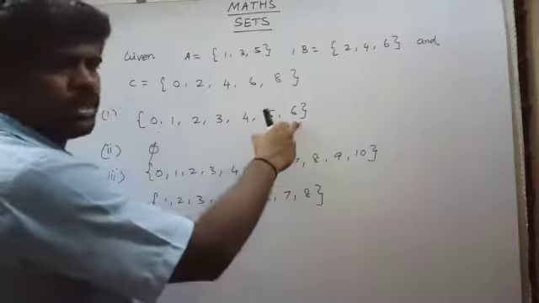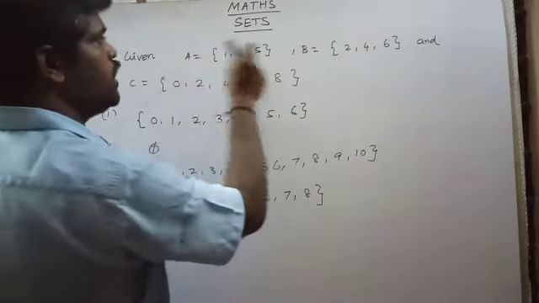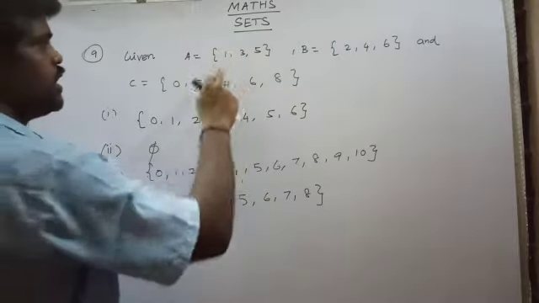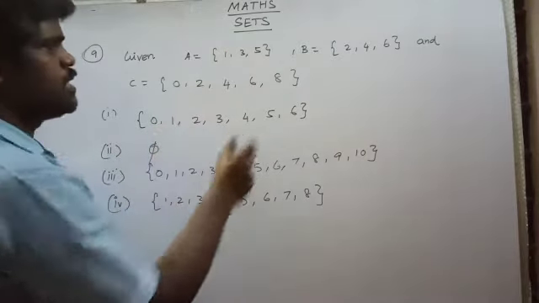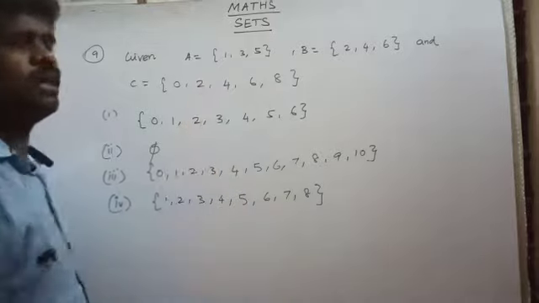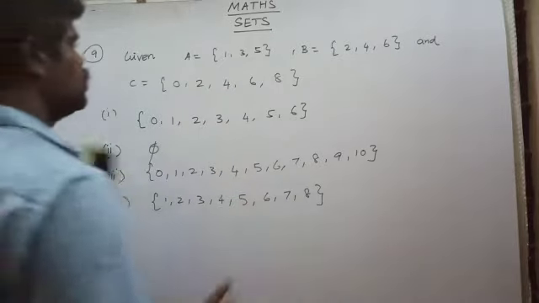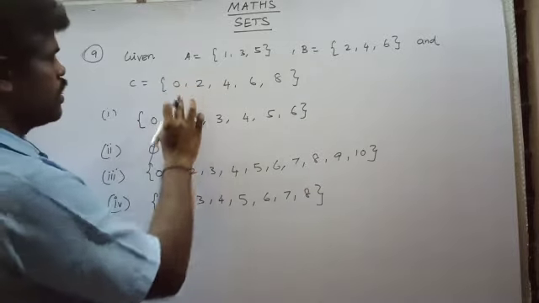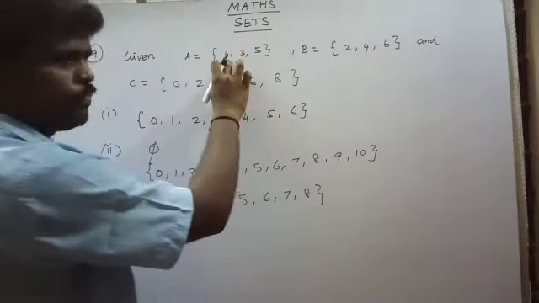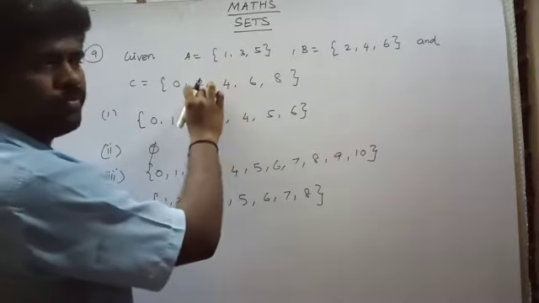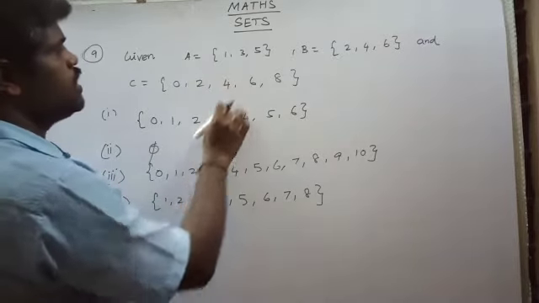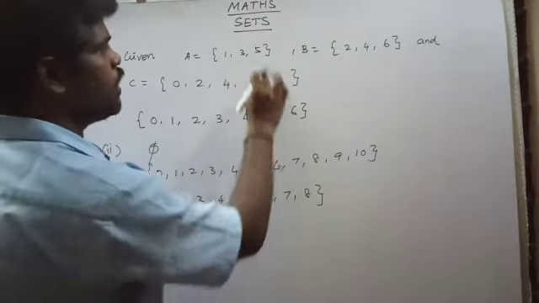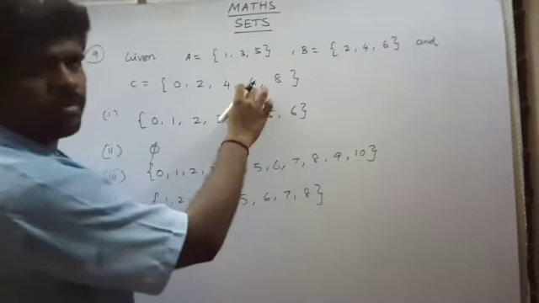Each and every number should be contained in set A, B or C, any one set having these elements. So here first 0 is there, and 1 is there, 2 is there, 3 is here, and 4 is here, and 5 is here, 6 is here.